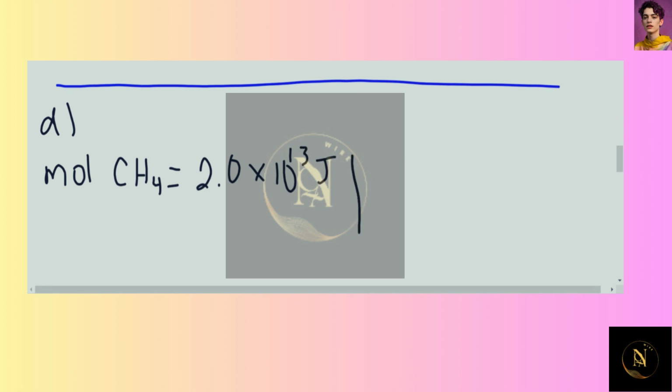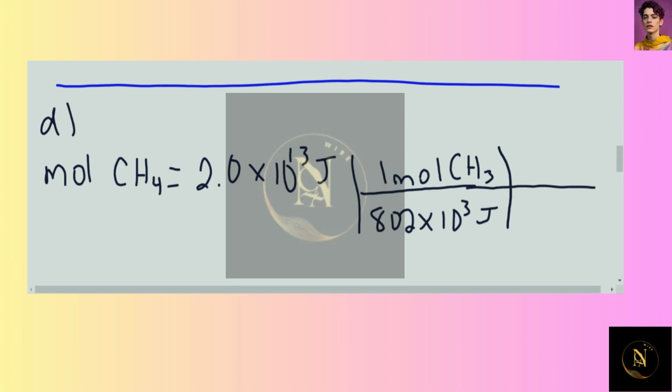So that's the energy produced, and we'll go ahead and use the previous energy conversion for methane, 1 mole of methane. And then this is multiplied by another conversion factor of the molar mass, 16 grams for 1 mole.